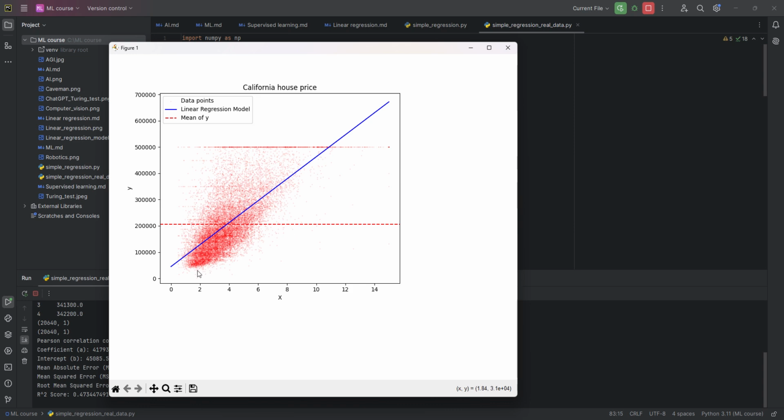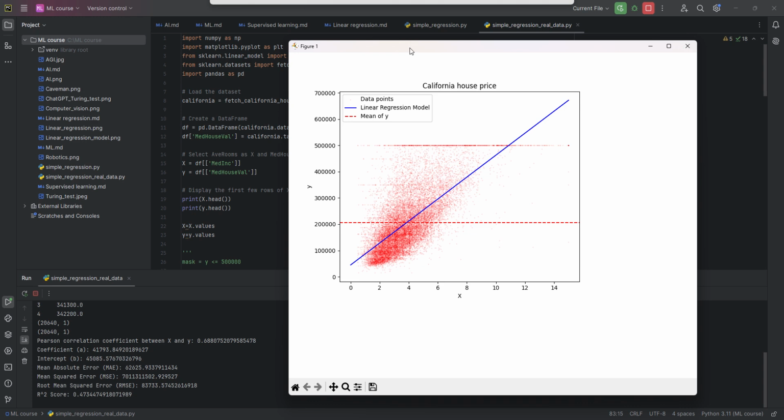In the previous one, I was uniformly spreading the x over the x-axis, but here you can see that there is a lot more density. And although you can see there is a trend upward for the prices as the median income increases, it's not fully a linear relationship.